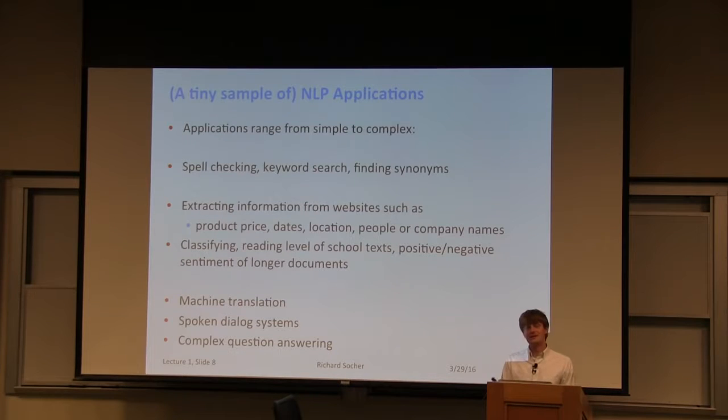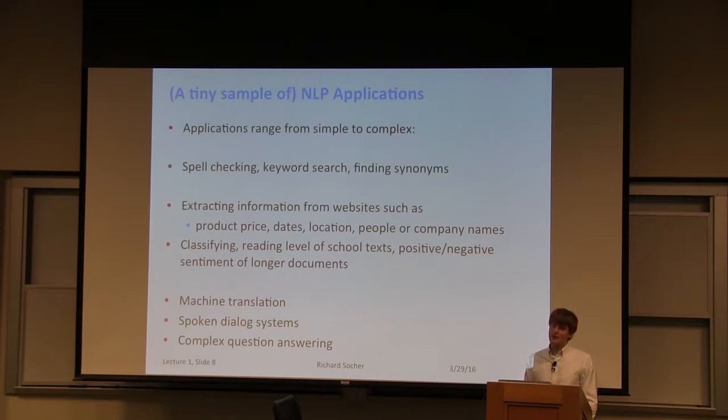Then there's some intermediate tasks that are a little harder, extracting specific types of information from websites, for instance, finding product prices or dates or locations or people names. And I'll give you an example in a live demo at the end of this lecture. Or extracting company names that can be useful if you work in finance and you want to find which companies are mentioned in similar articles and hence might be related, to understand sort of company networks or people networks.